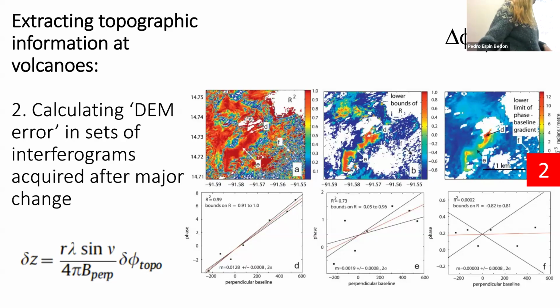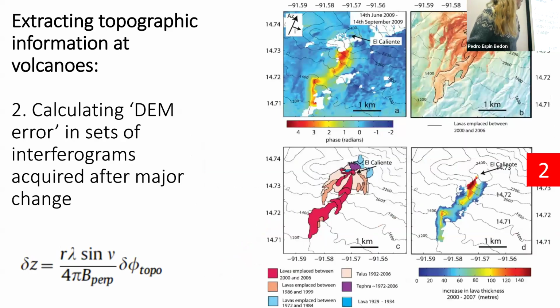Essentially you solve for the relationship between perpendicular baseline and phase, and get the gradient of that relationship and use that to assess what the baseline is. That works quite well for data sets with large perpendicular baselines. It's obviously not the optimal way to do it, but it's something that is routinely done as a correction in any sort of InSAR processing flow, and sometimes there's useful information in that.